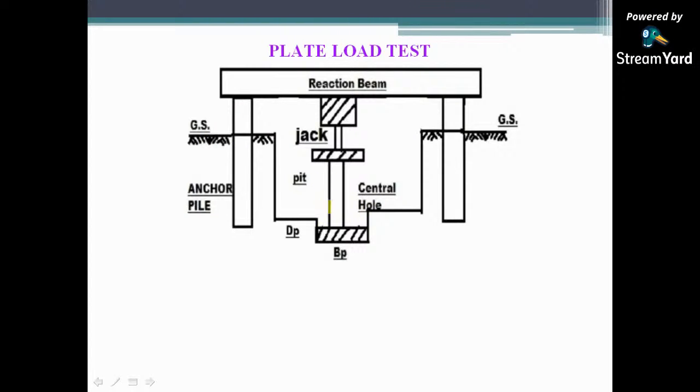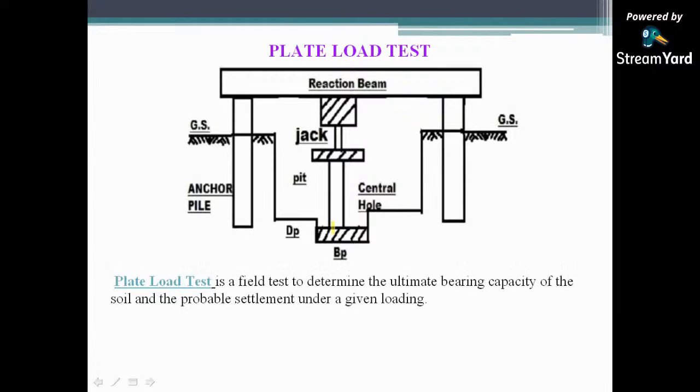Here the dial gauges are attached on either side of the hole and the displacement with respect to the load is observed. So plate load test is a field test to determine the ultimate bearing capacity of the soil and probable settlement under a given loading. So whatever loading you are gradually increasing, there will be two dial gauges.